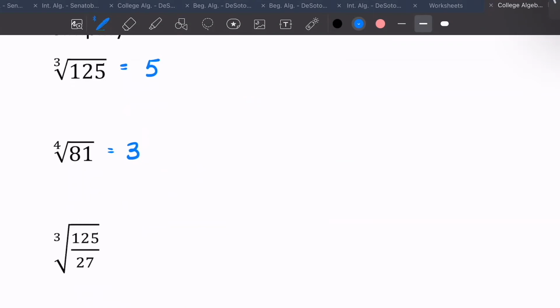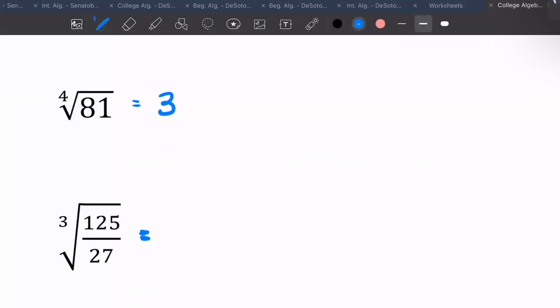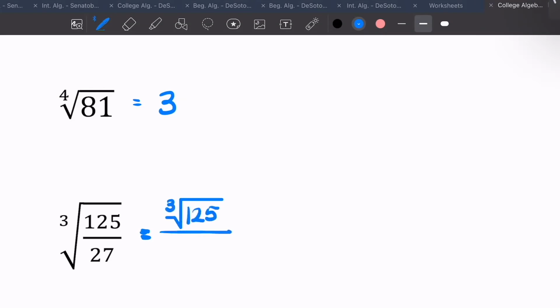The cubed root of 125 over 27. Our rules that we learned a couple of pages ago still all apply to greater roots than square roots. So we have the cubed root of 125 over the cubed root of 27.